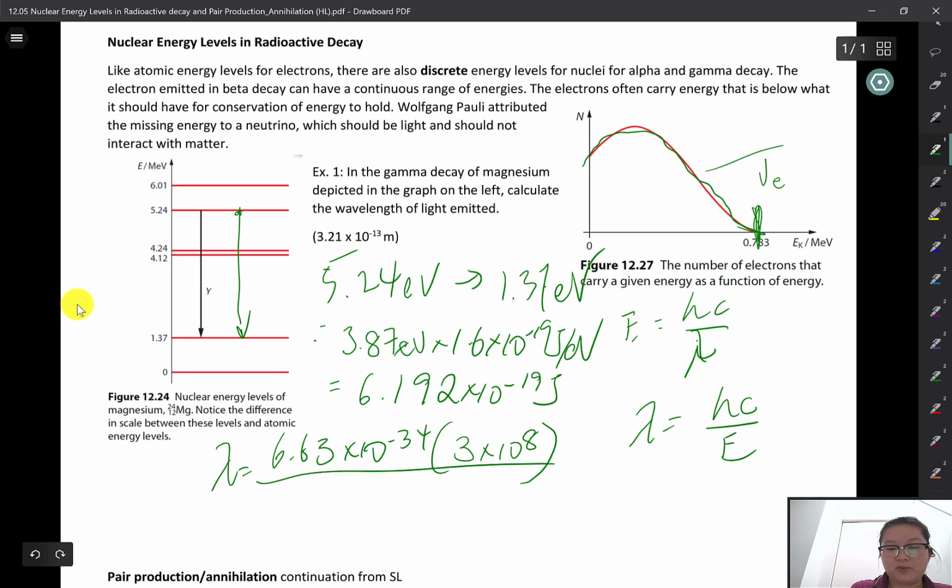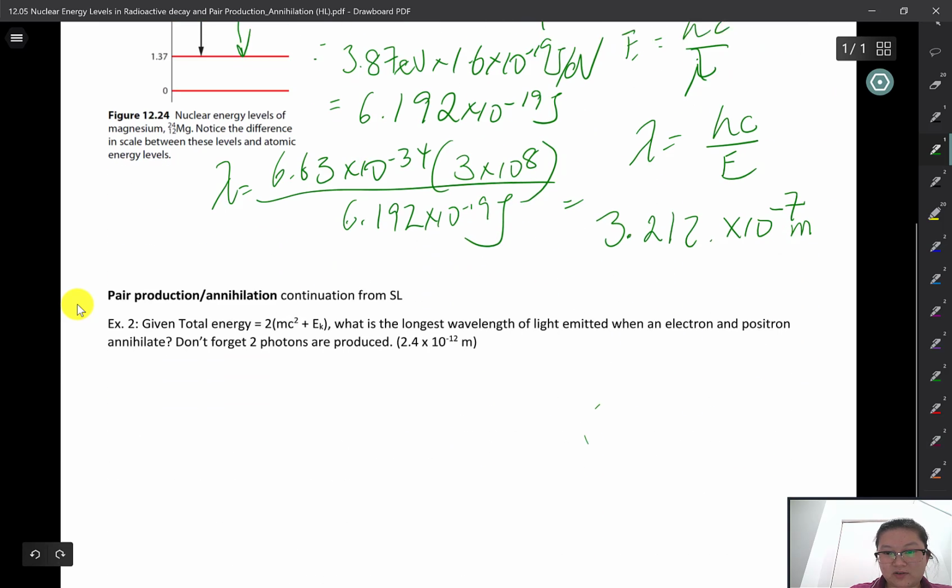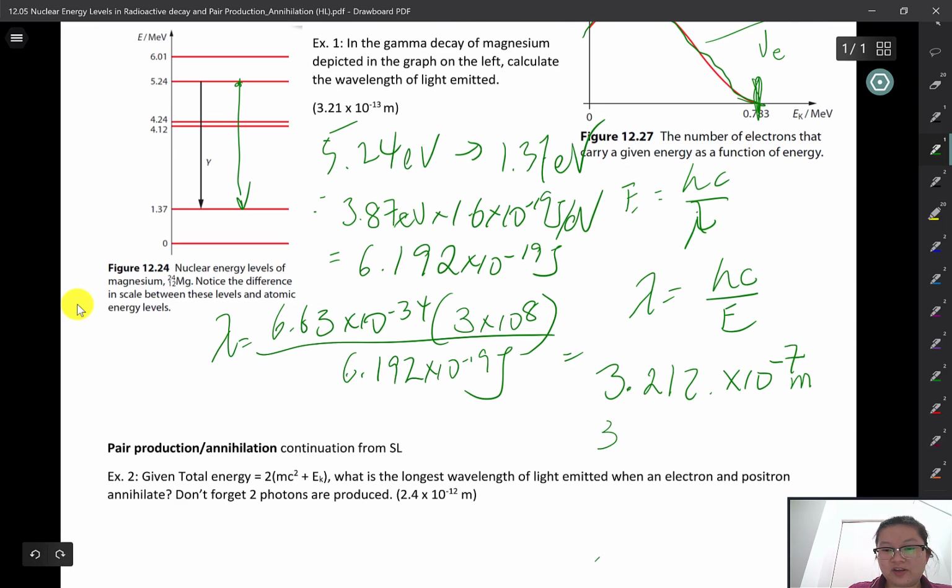I am doing a bad job with units. The energy here is 6.192 times 10 to the power of negative 19 joules. And this gives us 3.212 times 10 to the power of negative 7 meters, so rounded to 3.2 times 10 to the power of negative 7 meters.